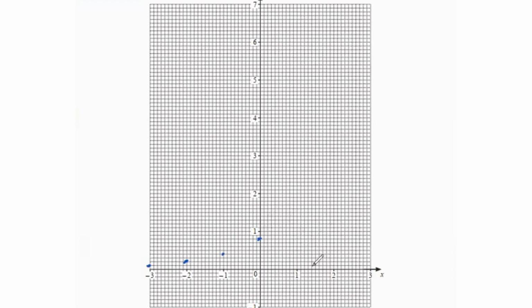Then 1 and 1.6. For that, 1.6 is going to be 1, 2, 3, 4.